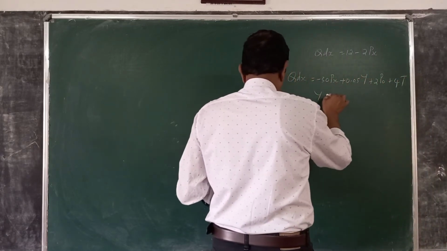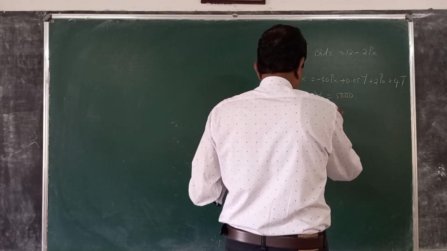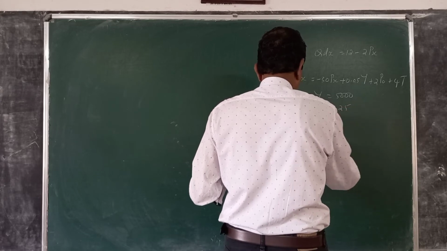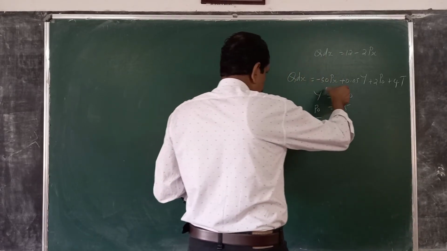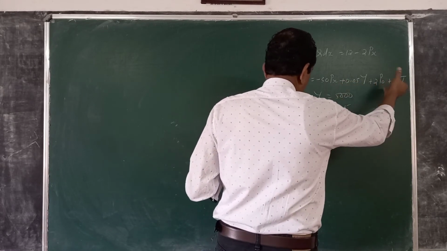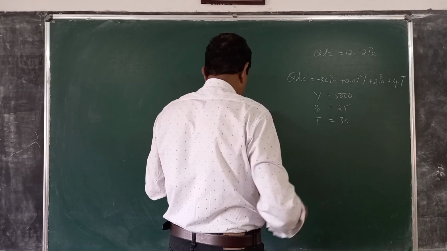And suppose that y is equal to 5000, p0 is equal to 25, t is equal to 30. That is, income, prices of other commodities and tastes are kept constant at some fixed values.